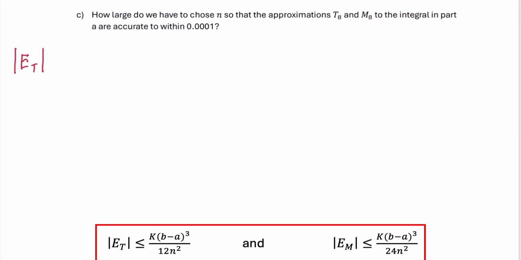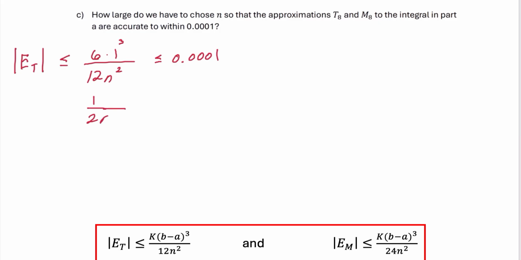The formula from earlier, we got 6 times 1 cubed divided by 12n squared, and we want that to be within 1/10,000th. Simplifying that fraction, we'll get 6 times 1 is just 6. 6 divided by 12 is 1/2.